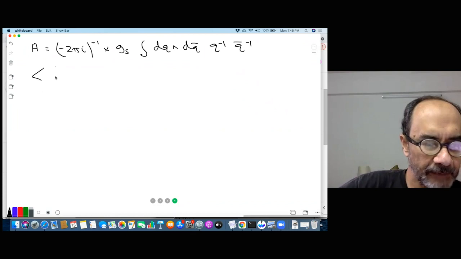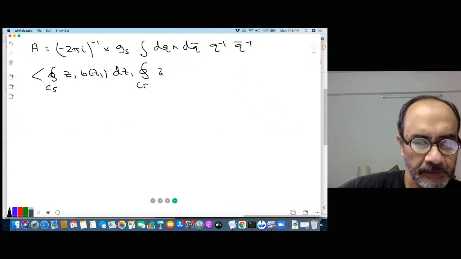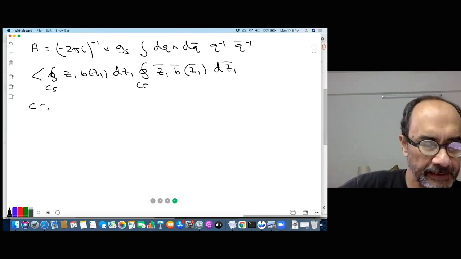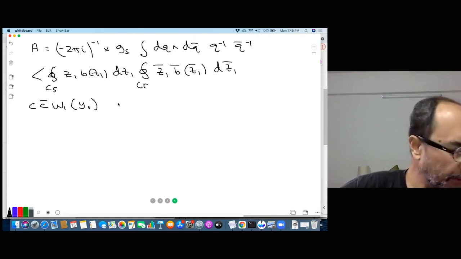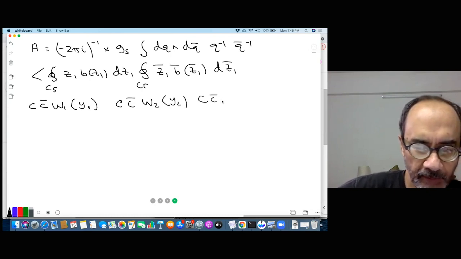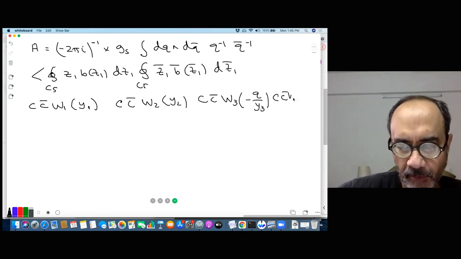Then inside this, you have the integral c5 B of z1 dz1, the integral c5 B bar of z1 bar, then c c bar W1 of y1, I'll explain what y1 is, c c bar W2 of y2, c c bar W3 of minus q over y3, and c c bar W4 of minus q over y4.